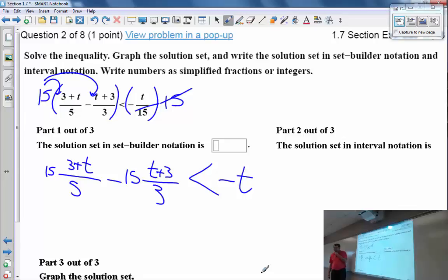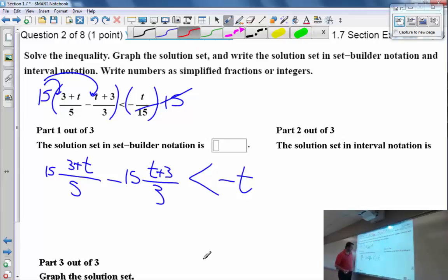Next, most people think, oh, I need to multiply this 15 with the top, this 15 with the top. Yeah, it's okay, you can multiply them, but what was the reason why we multiplied by 15? To cancel the denominators. So don't multiply yet. First, cancel the denominators. 15 and 5 cancel, right?